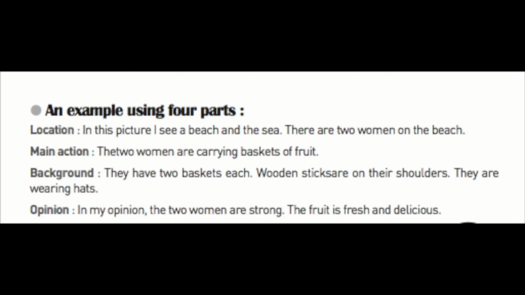Wooden sticks are on their shoulders. They are wearing hats. In my opinion, the 2 women are strong. The fruit is fresh and delicious.